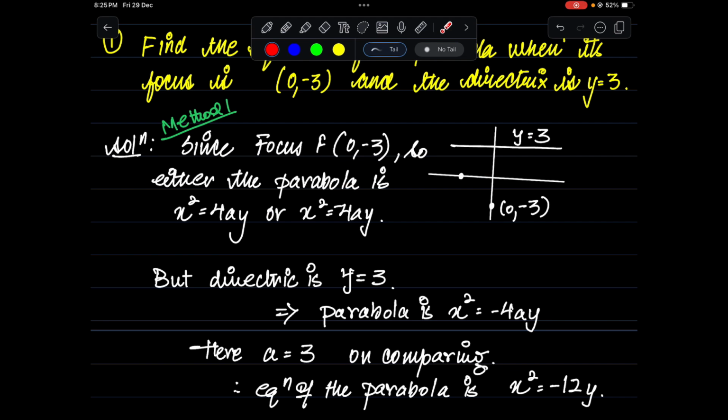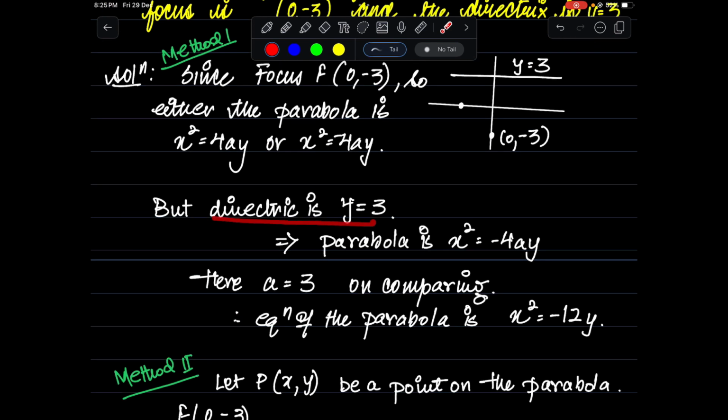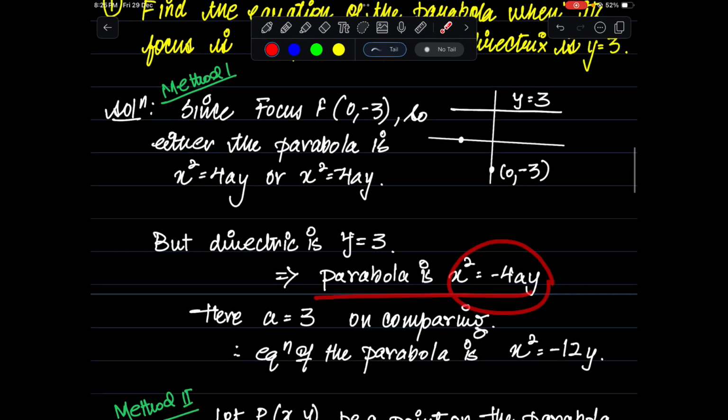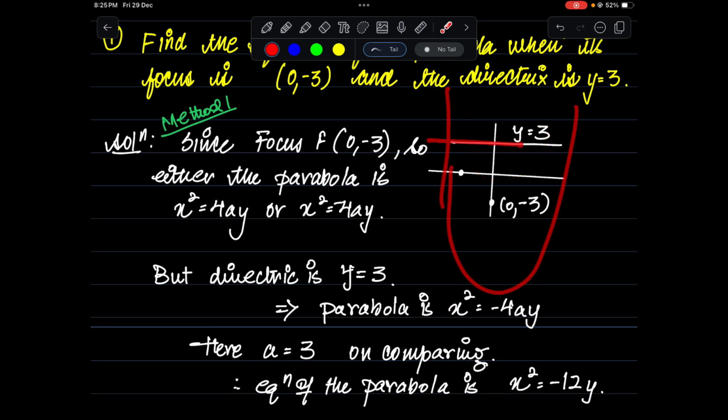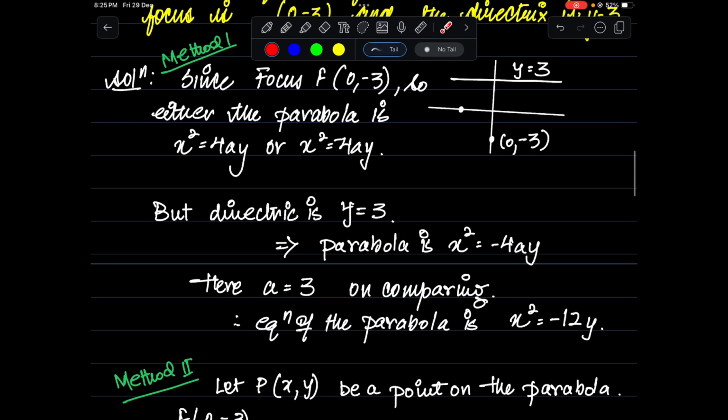That's the only option. Now since the directrix is y is equal to 3, the parabola is going to look like this, because the directrix does not pass through the parabola. So if I say, let's say this is the parabola, that means the directrix is coming inside the parabola. That's not the case. That means the parabola is opening downwards. So for downwards, this is the equation.